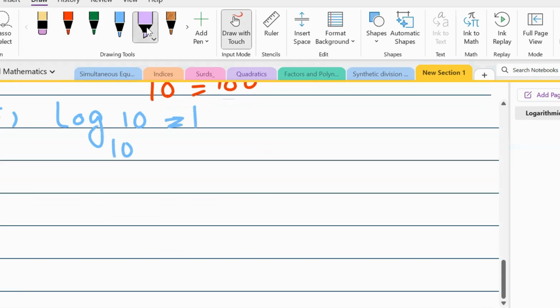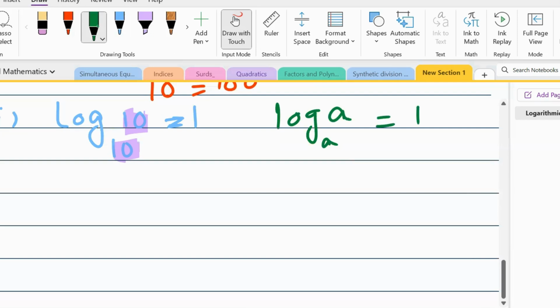It means if both are the same, it can be log 2 of 2, log 3 of 3, log 4 of 4, or simply log a of a is equal to 1. You can extend this concept, where the value of a may be 2, 3, or 4.